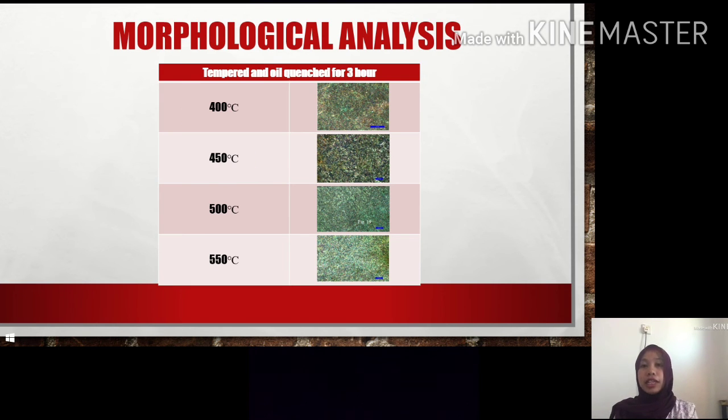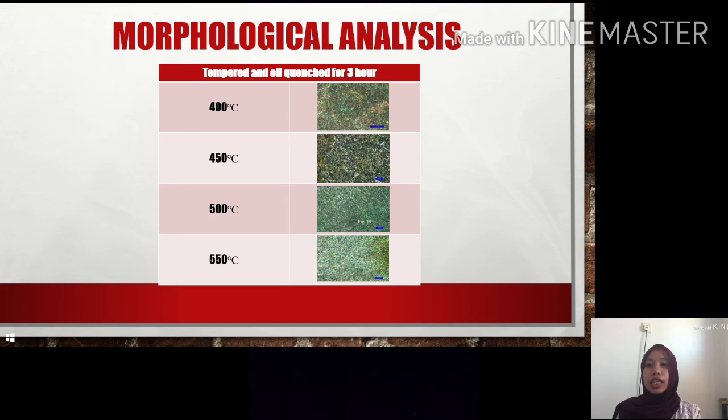There are several defects observed from the microstructure of the samples from oil quench and tempered at different time and temperature. However, there is a sample that has no defects in the microstructure. Most probably, the time and temperature are well suited to the characteristics of the sample.